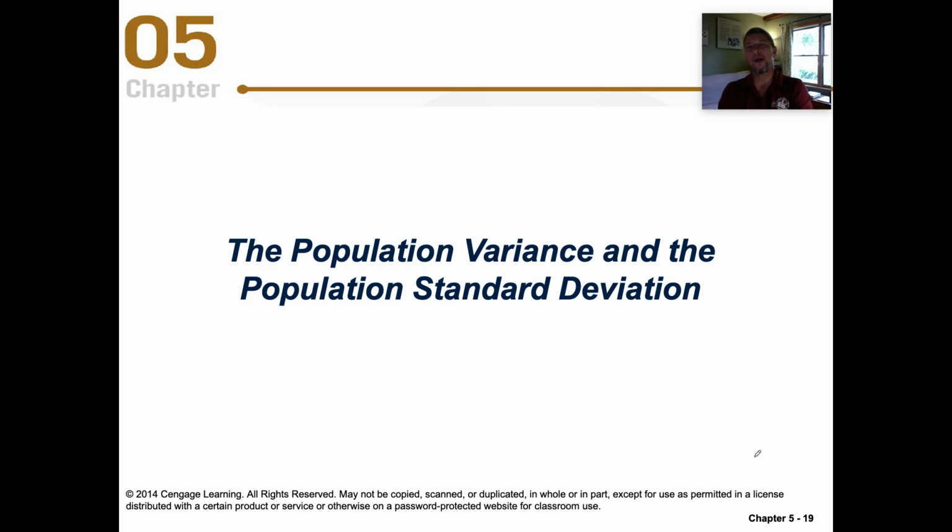And so this is going to alter our calculations just a little bit. So right now, let's spend a few minutes talking about what we call the population variance and the population standard deviation.